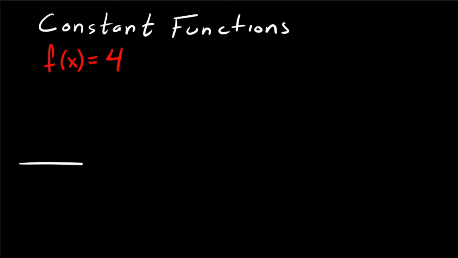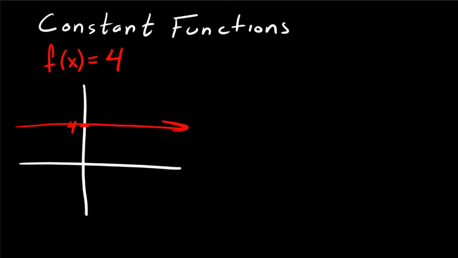If you graph this, you should be able to find the derivative relatively easily. f of x equals 4 is a horizontal line. Remember, the derivative of this function is the slope of the tangent line. Well, the slope is equal to 0 because it's a horizontal line. So the derivative of this function is equal to 0.